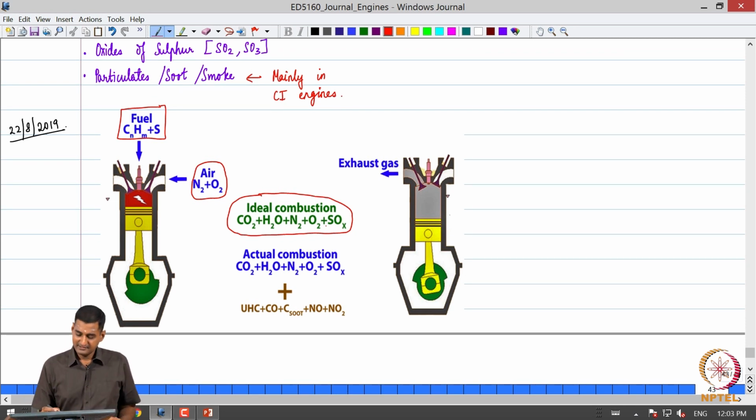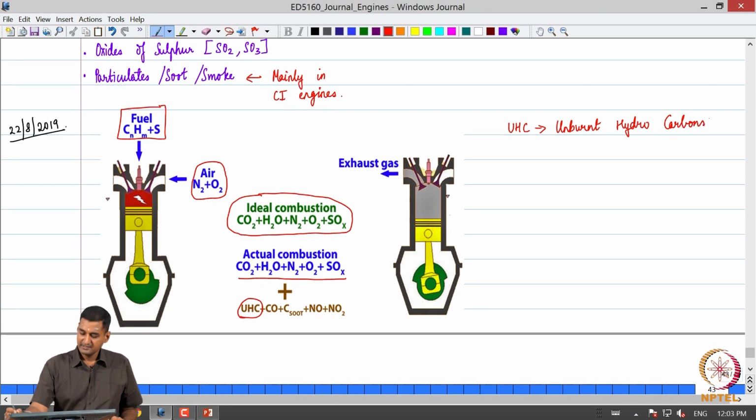In the real combustion process, more often than not, we will get these gases, CO2, H2O, N2, O2 and oxides of sulfur, but in addition we would also get unburnt hydrocarbons. UHC stands for unburnt hydrocarbons. We will get carbon monoxide, CO, and carbon in the form of particulate matter, what is called soot.